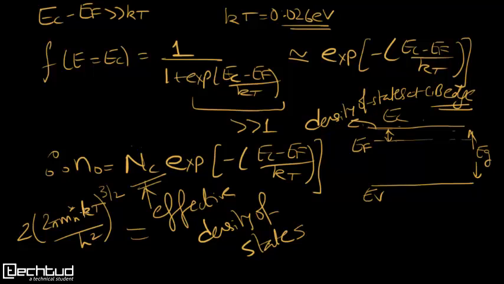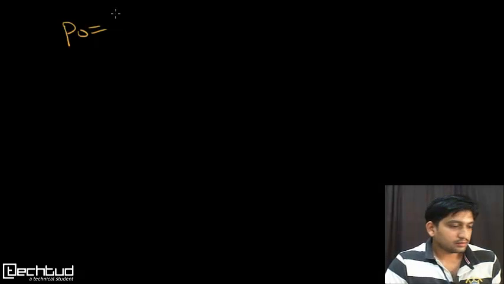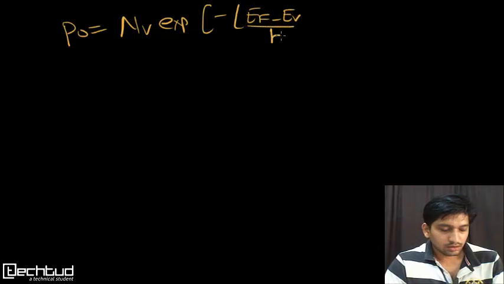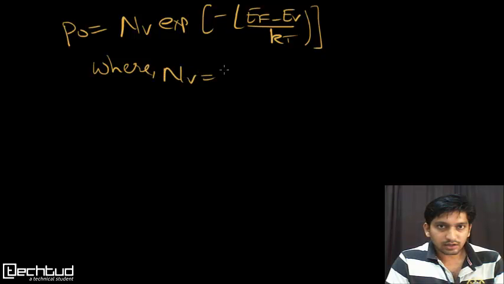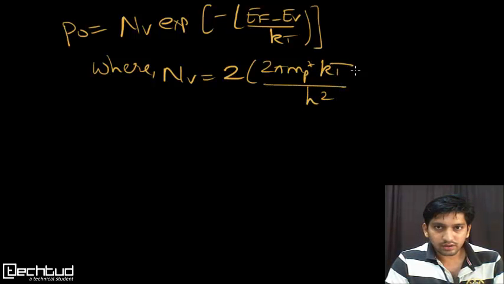Similarly, you can write the equation for the concentration of holes, P naught, which is given by NV exponential minus EF minus EV divided by kT, where NV is equal to 2 times 2 pi Mp star, the effective mass of holes, kT divided by h square to the power of 3 by 2.